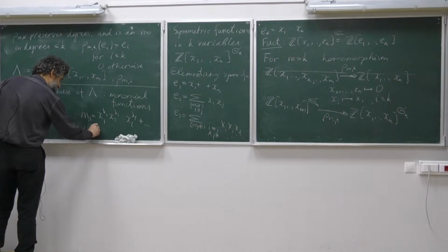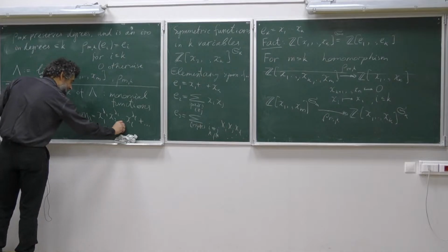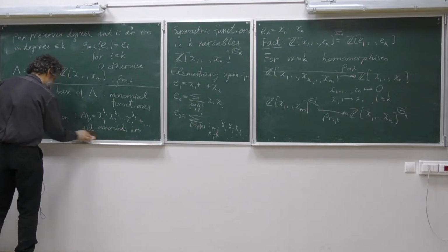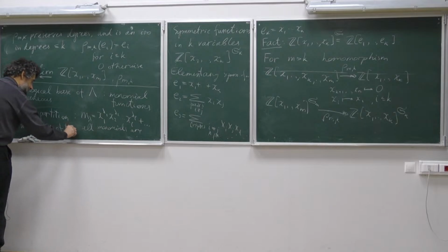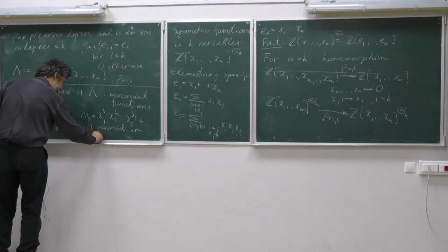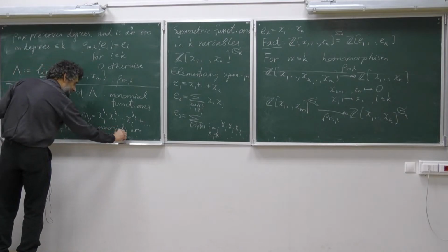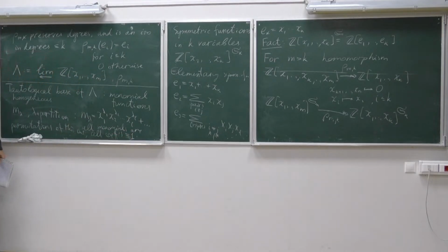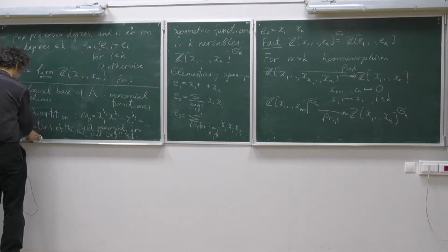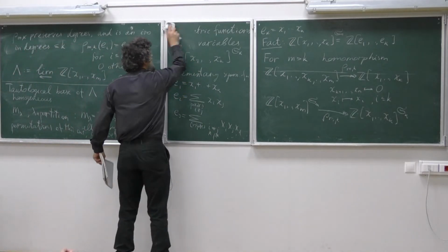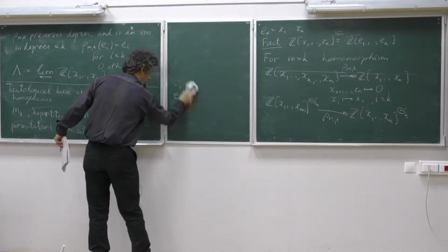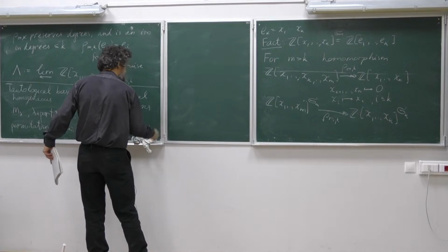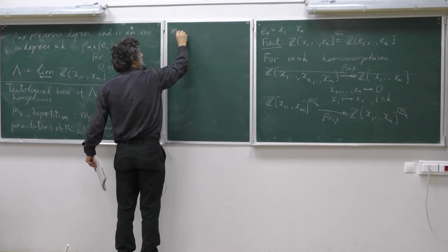All monomials are permutations of this one, and all coefficients are equal just to 1. So, for example, m1 is what?